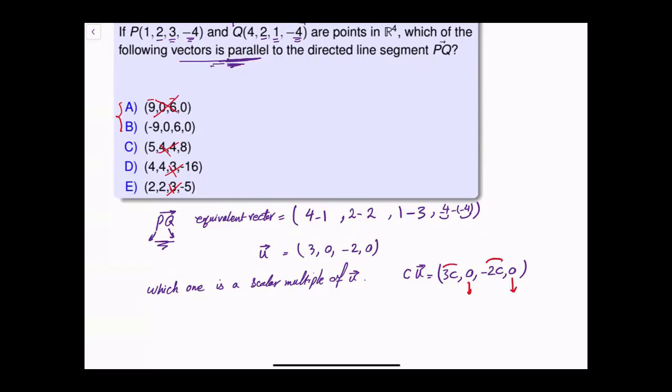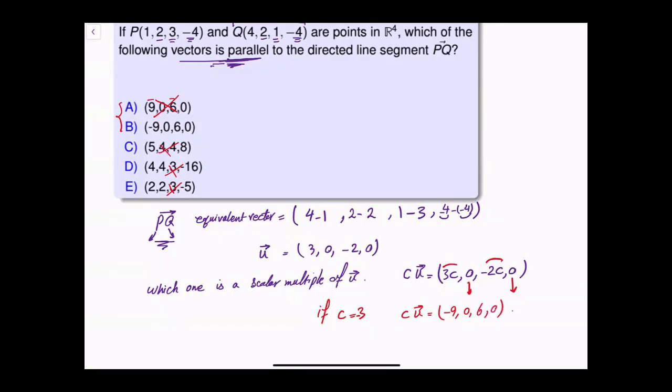I'm now claiming that B is the answer, but how is B the answer? If you let C be -3, then CU is equal to -3 times 3, which is -9, 0, -2 times -3 is just 6, and 0.